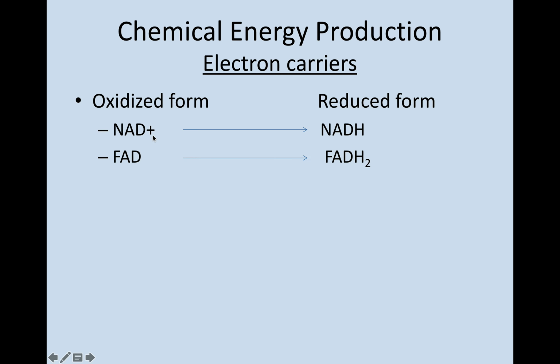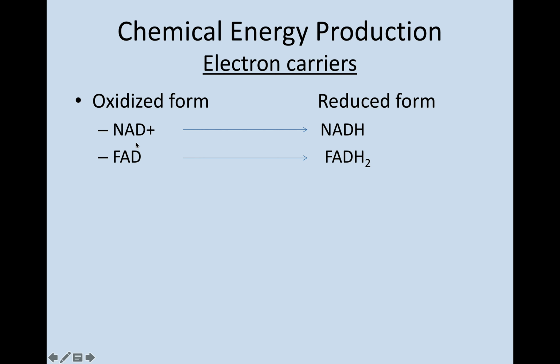So we are concerned with 2 types of electron carriers. There's NAD+ and FAD. They have long chemical names, but it's not important. When they become reduced, they pick up electrons from glucose. Our reduced forms are NADH and FADH2. So when glucose is oxidized, glucose loses electrons.